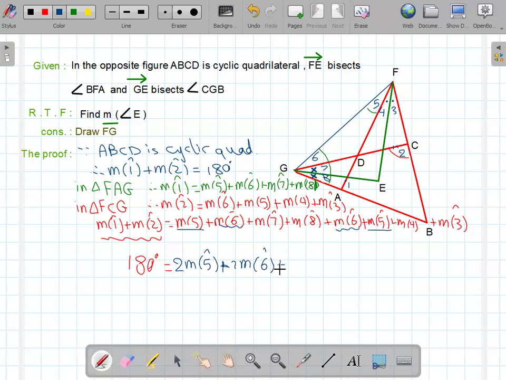If we note that measure of 4 and measure of 3 are equal, then measure of 3 plus measure of 4, I will write it as 2 measure of 4.